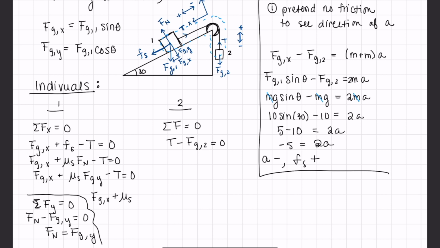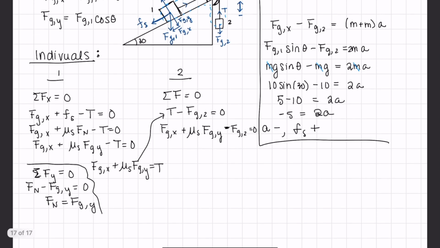FGX plus mu s FGY equals tension, and then all of this is going to go in for tension. So then we'll have FGX plus mu s FGY minus FG2 equals 0.